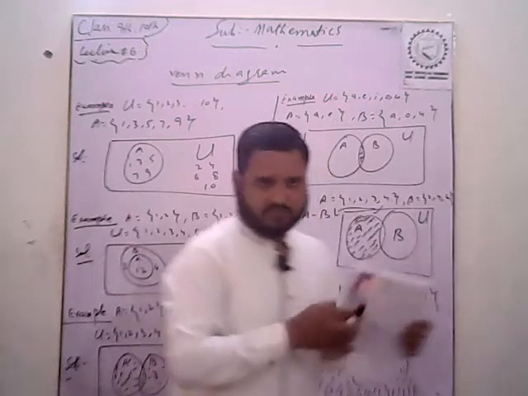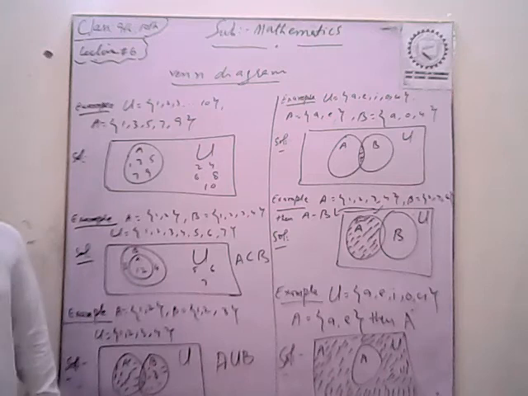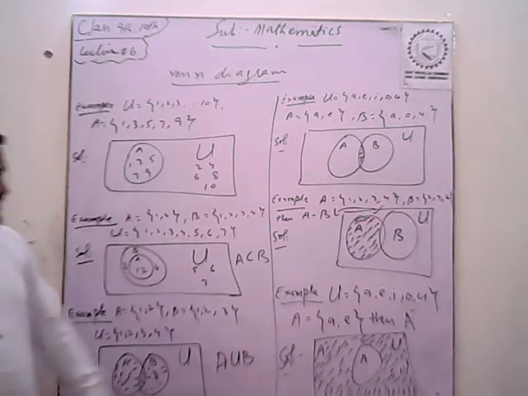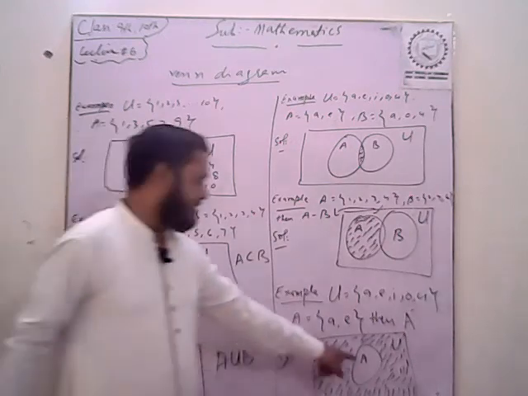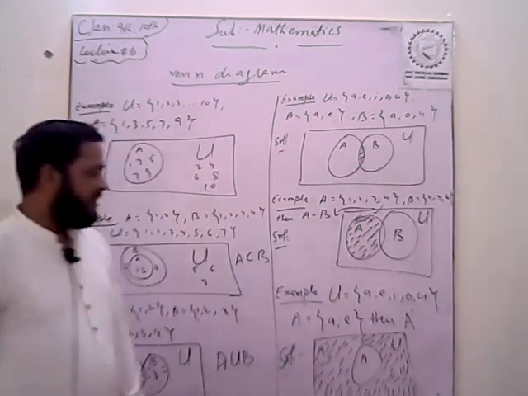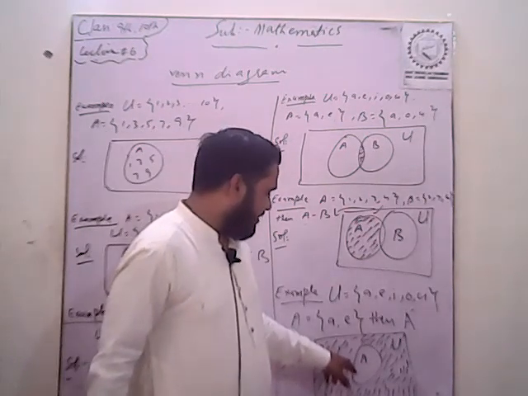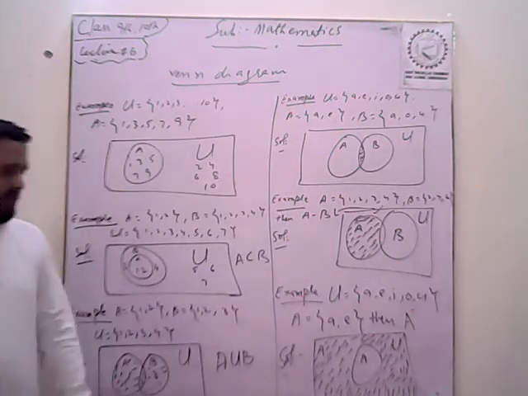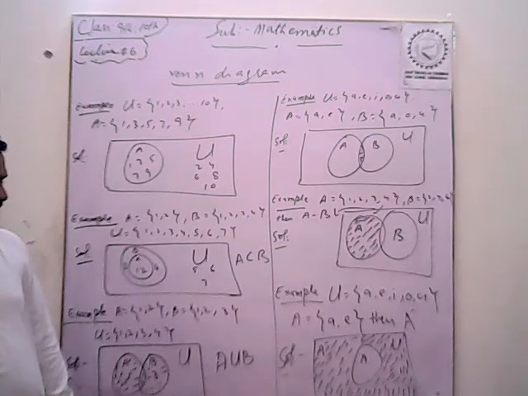Now the complement of a set. We have the universal set, and A is this circle, and we find its complement. In the rectangle, the universal set is filled, but the circle for A we don't fill, which means the complement of a set.